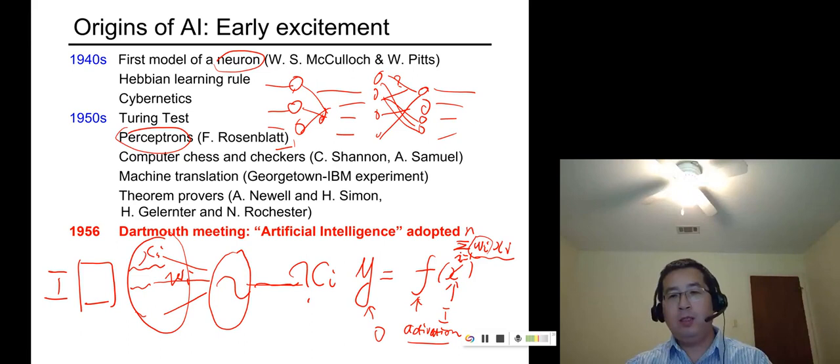Rationally, not only humans, and acting, not simulating human brains, not like thinking humanly. Artificial intelligence may seem too narrow, but anyway, just keep in mind that artificial intelligence is not only about human intelligence, and also not only about simulated thinking.